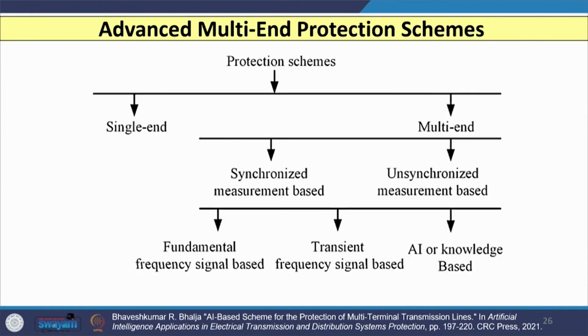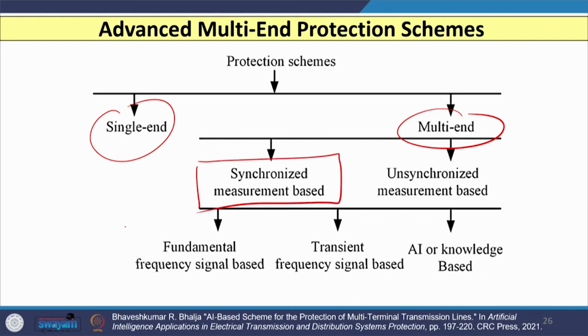And the third category of protection schemes which we are going to use, two we have already discussed, single end and multi end. The third category is advanced schemes, and these schemes are classified as schemes based on synchronized measurement and schemes based on unsynchronized measurement.